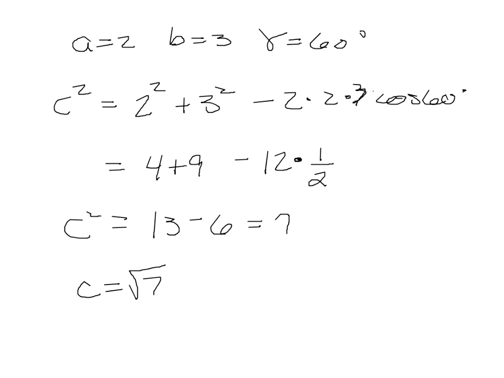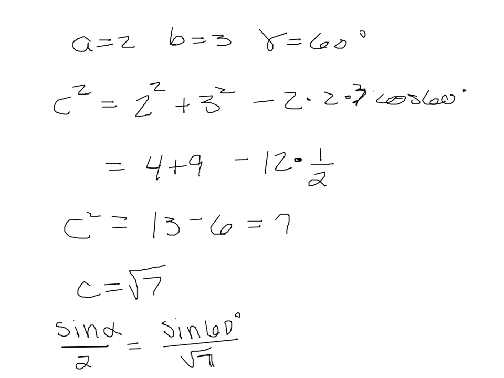Now we need to find the missing angles, and we can use the law of sines for that. So we have sine alpha over A equals sine of 60 degrees over C. Now that we know what C is, we can put that in and solve for sine alpha.